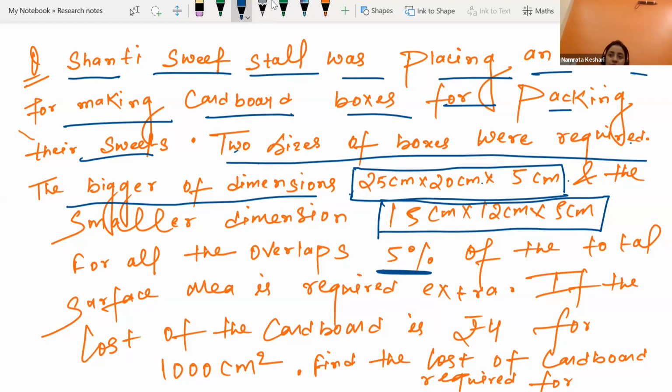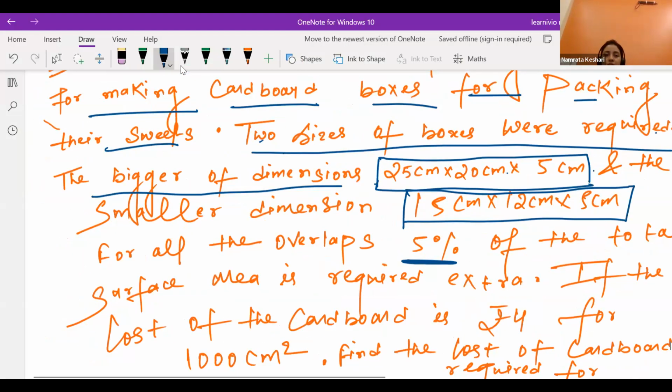Overlap means a portion that you fix towards the downside to make the box, the cake box. If you have opened it, you just open the overlap and make it completely open.